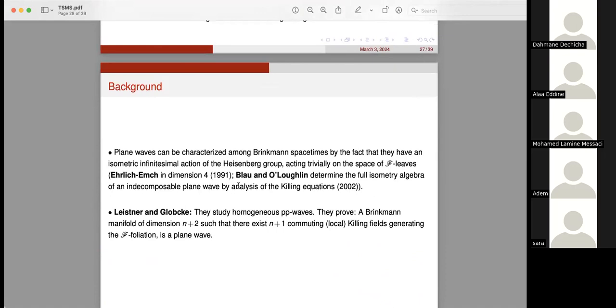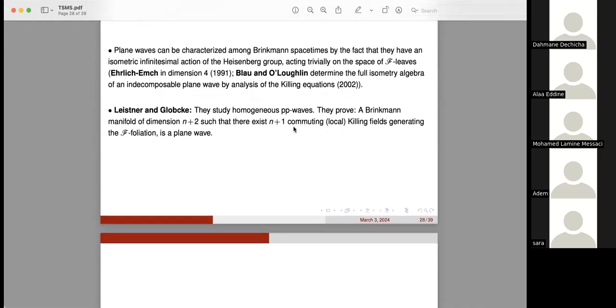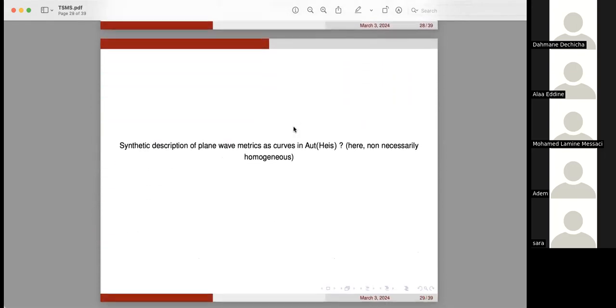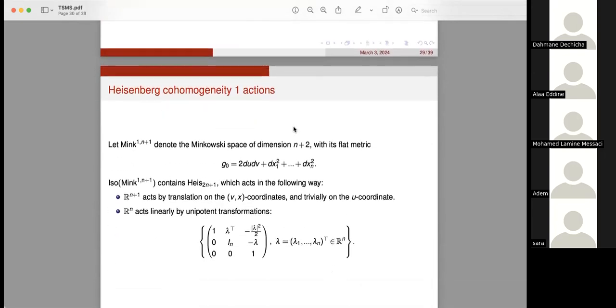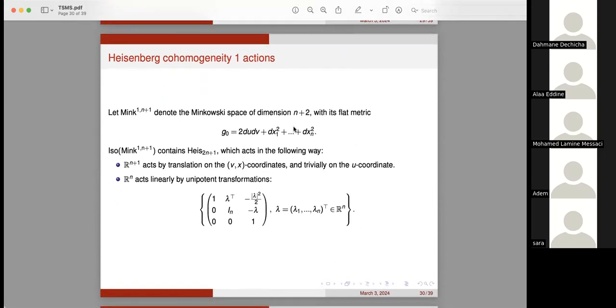It means that the isometry group will span some codimension 1 foliation. Something that we did about the general plane waves is to give some synthetic description. I will try to give it very quickly.